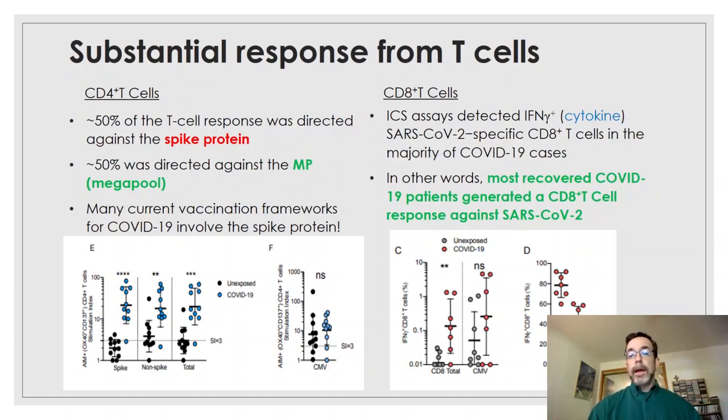The numbers are not as high for the unexposed dots on all these graphs, but they're there, and they are boosted when infection happens. So you have measurable T cell responses to the virus, even if you have never seen it before.